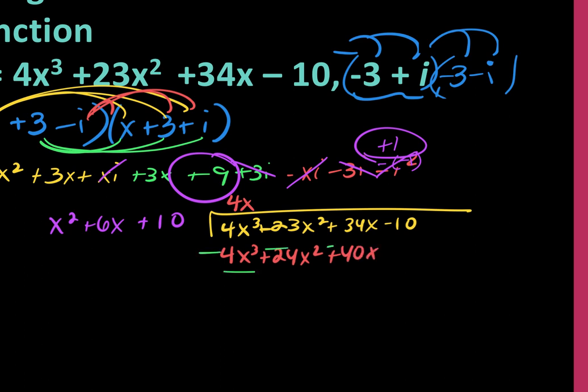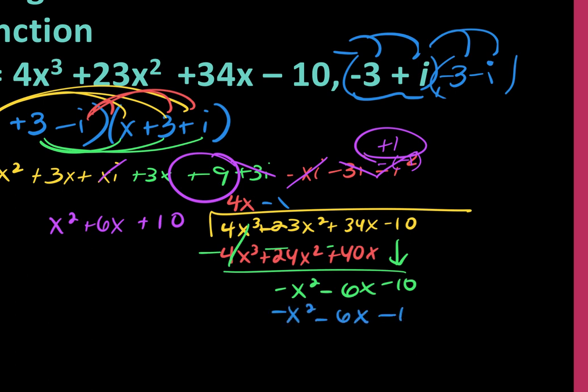Change your signs. This cancels. Negative x squared minus 6x. Bring down the minus 10. Negative 1. Negative x squared minus 6x minus 10. Change your signs. And it should give you a 0 as a remainder because those are factors.